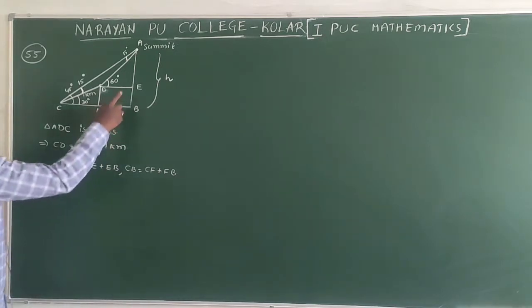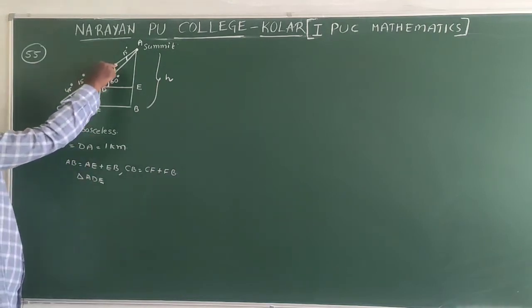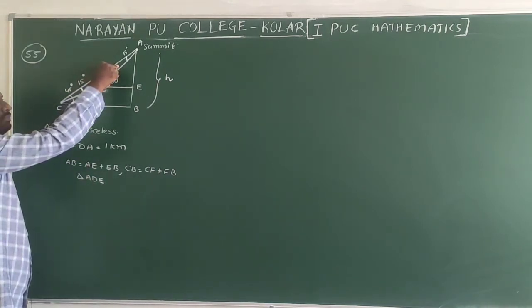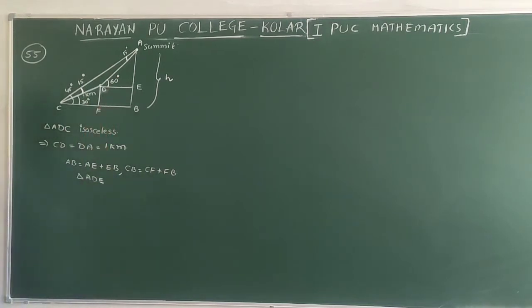Okay. Now I can take the triangle ADE. Here we know the hypotenuse. Hypotenuse is 1. Since the hypotenuse is included, we are not taking tan.